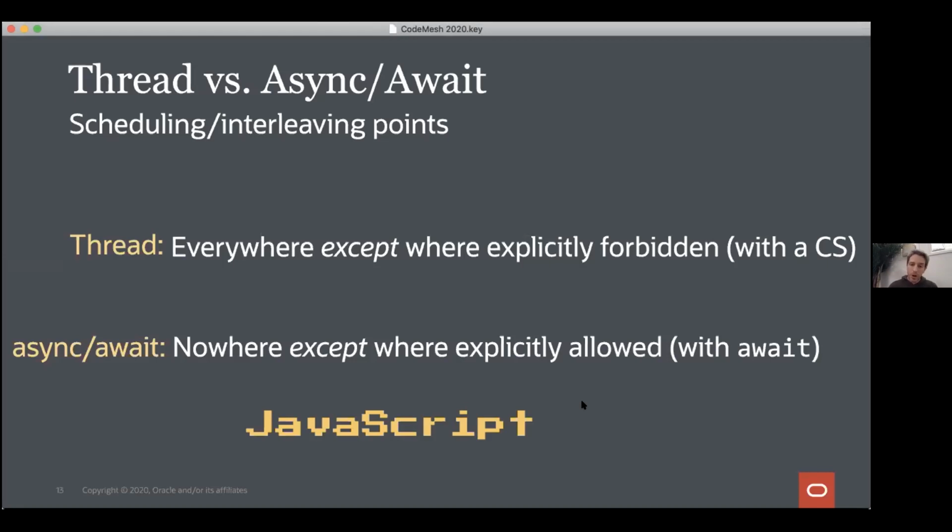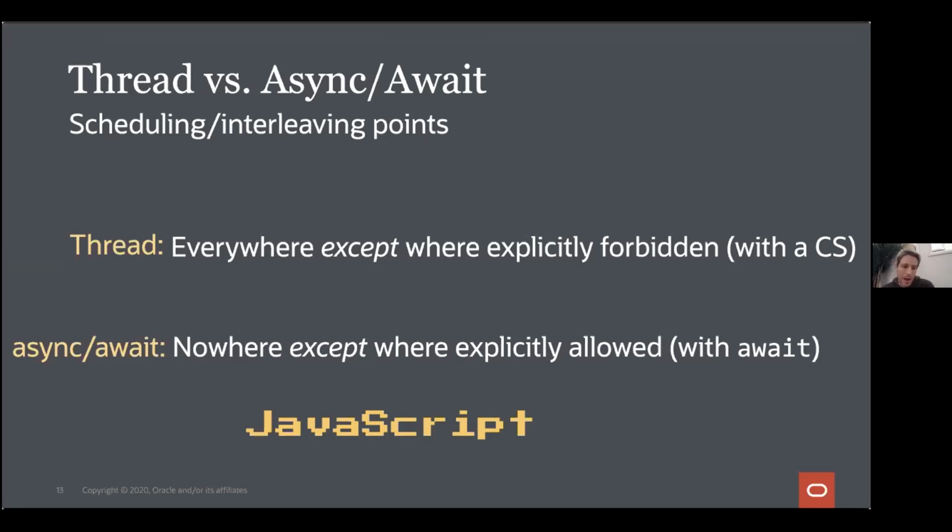For example, JavaScript. JavaScript has just one thread, and all existing code has been written under the assumption that scheduling points happen nowhere. So when JavaScript added a built-in convenient syntactic construct for concurrency, they naturally preferred a model where atomicity is the default. So this is why async await makes more sense than threads in JavaScript.